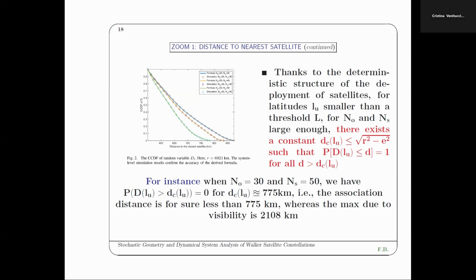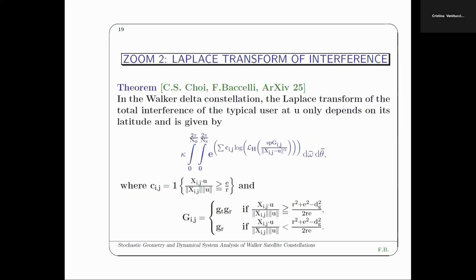So it's very different from the Poisson and earlier things, which gives a very important service guarantee, because a close satellite means a strong signal.